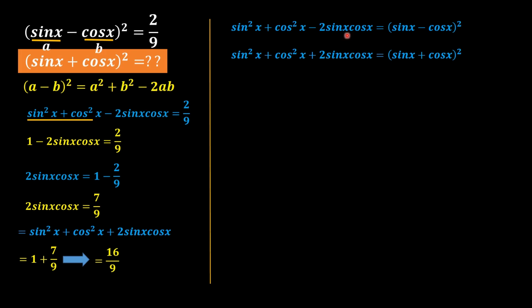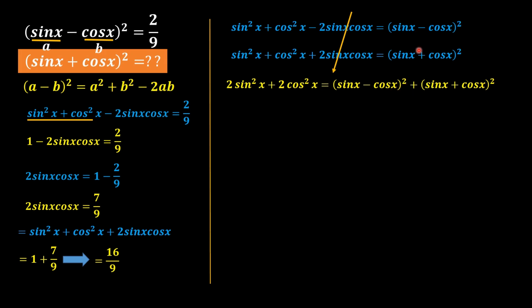If I add both expressions, then the two sin x cos x terms will cancel out, and we will get 2 sin square x plus 2 cos square x equal to (sin x minus cos x) whole square plus (sin x plus cos x) whole square, because sin square x plus sin square x is 2 sin square x, and cos square x plus cos square x is 2 cos square x.